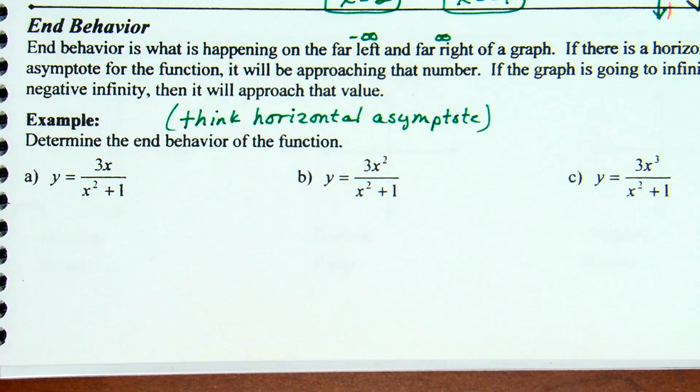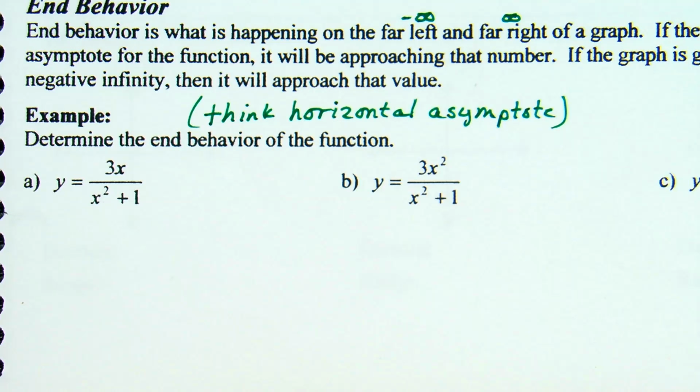So as you look at A, what do you see when you look at A in terms of horizontal asymptotes? Y equals 0. Okay, biggest power's on the bottom, right? We're comparing 3x and x squared. And if you want to, you can think about there's an x in common that can cancel.